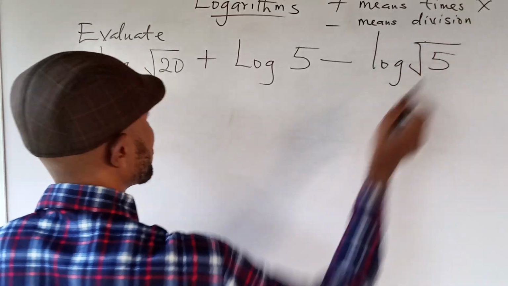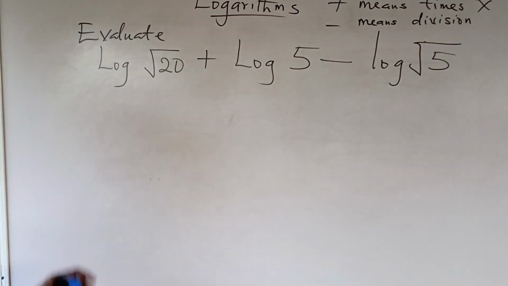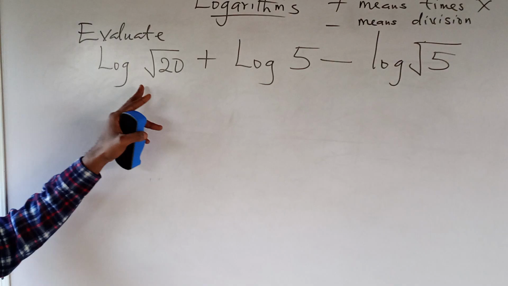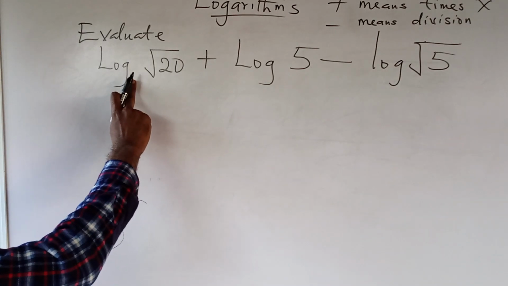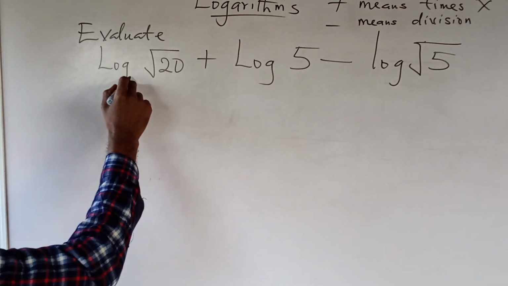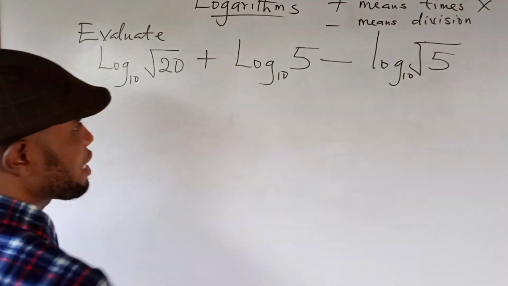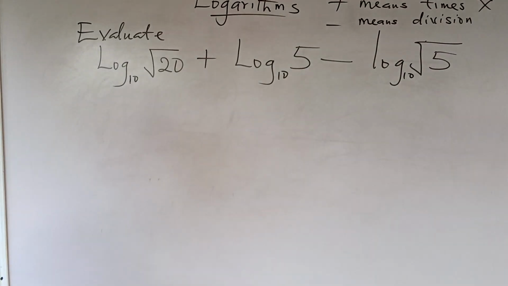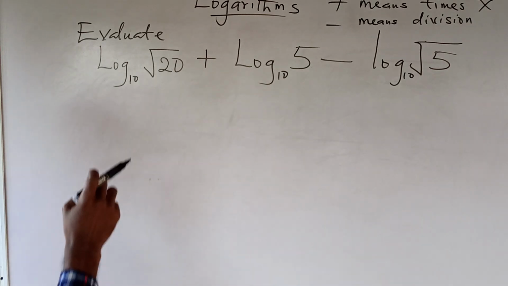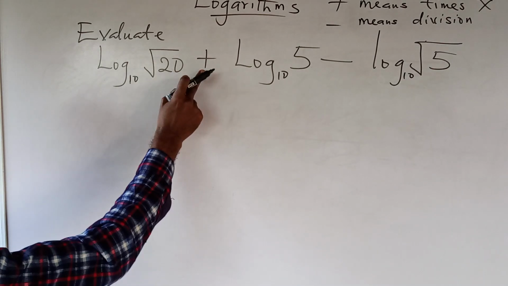So that is the law. Okay. Now if we have log, this place is supposed to put base, but since there is no base, naturally it is base 10. Okay. So when the bases are not mentioned, it shows that the logarithms are in base 10.